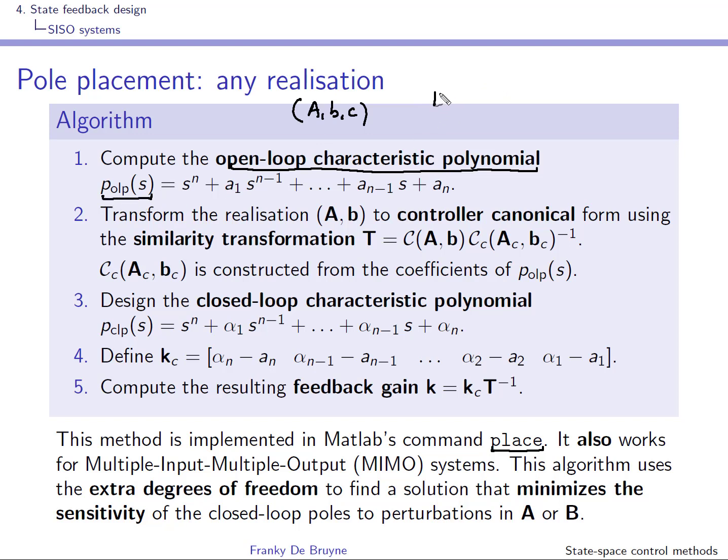Well, you compute the transfer function B(s) over A(s), and here you find the characteristic polynomial, what I've called the open loop characteristic polynomial. This is easy to do, and you should know it by now. It's (sI minus A) inverse times B, right?